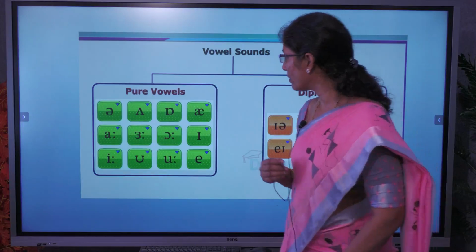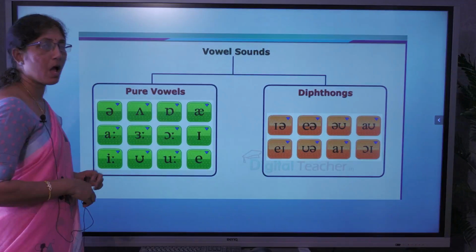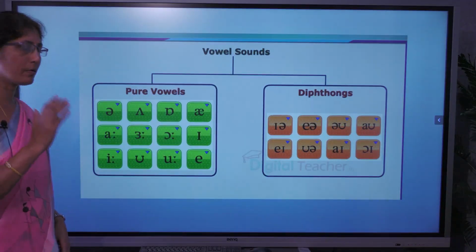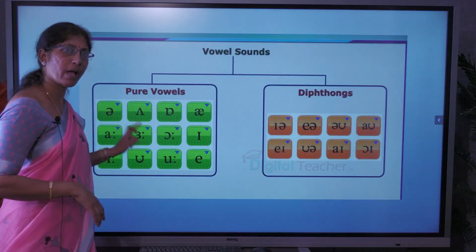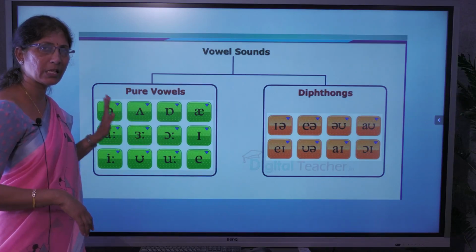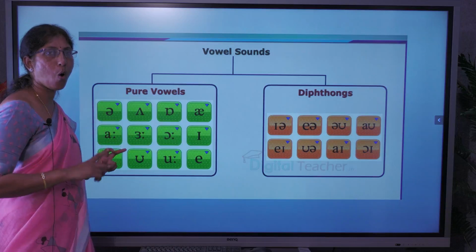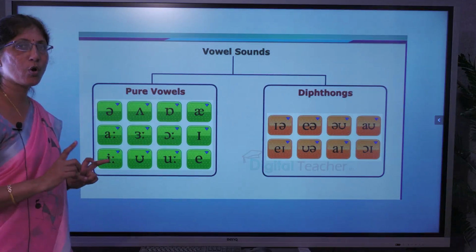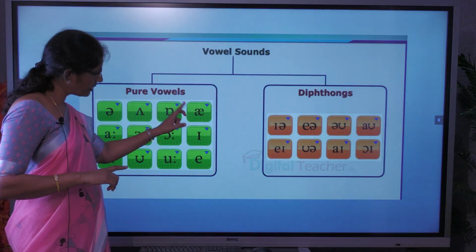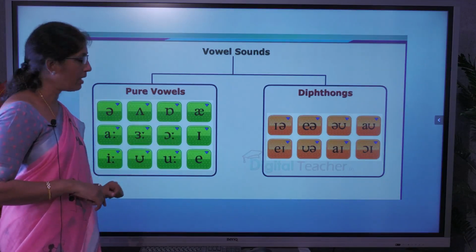This one is the schwa sound. It's not a full 'a'; you can say it's a half 'a'. The next one is 'a' as in cut, must, which we have in our Telugu. This is 'o' as in caught, not. This is also a unique sound; we don't have it in our Telugu language.